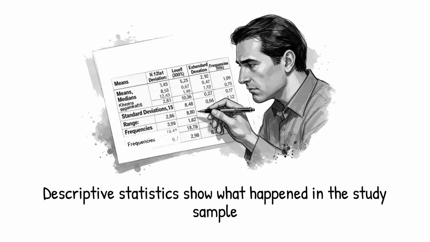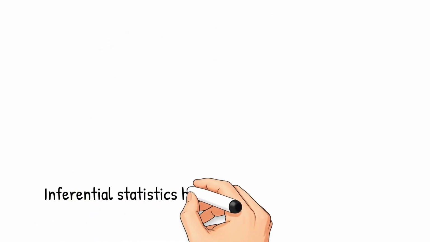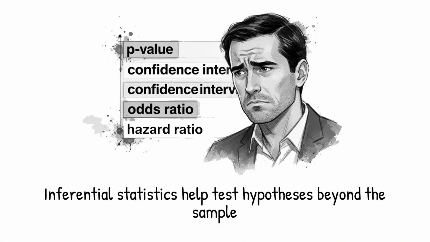They tell you the story of the data as it occurred, but they do not tell you whether a result is likely to be real or whether it could have happened by chance. Inferential statistics test hypotheses: p-values, confidence intervals, odds ratios, and hazard ratios. They allow researchers to make inferences beyond the study sample. They ask a different question: is the difference we observed likely to reflect a real effect, or could it be due to chance?